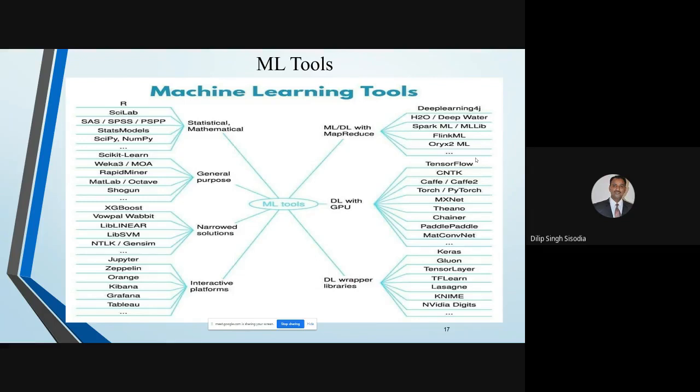If we want to work on NLP, natural language processing, Gensim or NLTK are available. If we want to work on boosting algorithms, one is AdaBoost, another is gradient boosting, so XGBoost and LightGBM libraries are available. We have to use these libraries only.